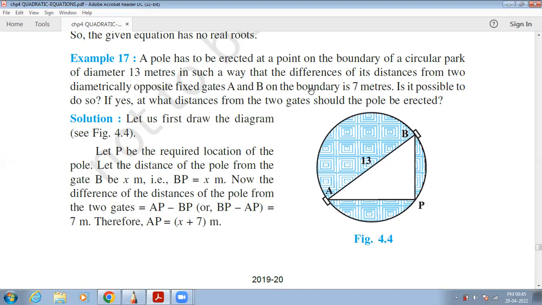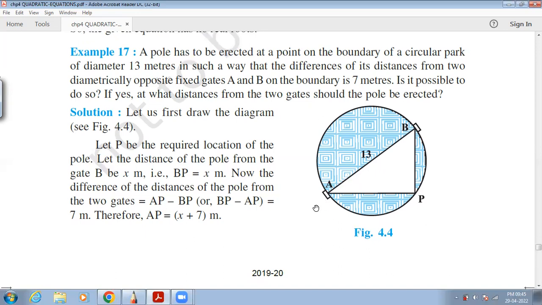Only then the difference between the distances is going to be 7. So P is the pole, A and B are the gates. If they consider BP as X, then AP must be X plus 7, such that X plus 7 minus X gives you 7. That is the difference between the distances.